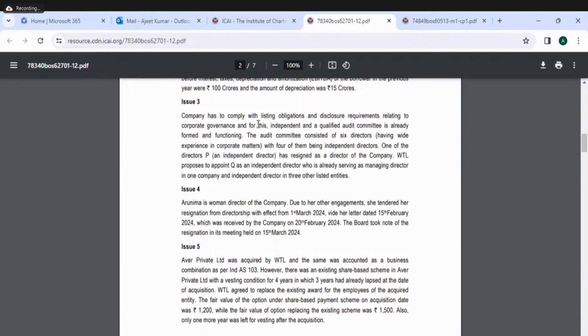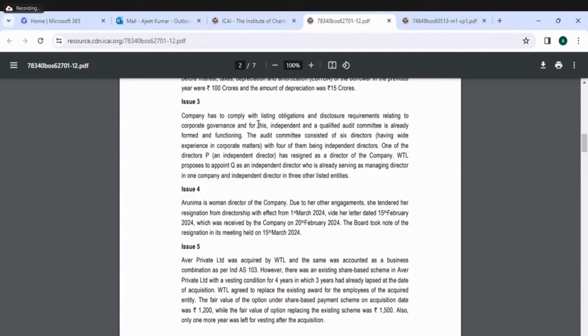Secondly, the first line of issue 3 says, company has to comply with listing obligations and disclosure requirements. So they have given you a hint here also that these are the SEBI LODR regulations. A student can be confused if they directly read the question, then they may think that this issue is with respect to Companies Act or SEBI LODR. So they have given one more clue.